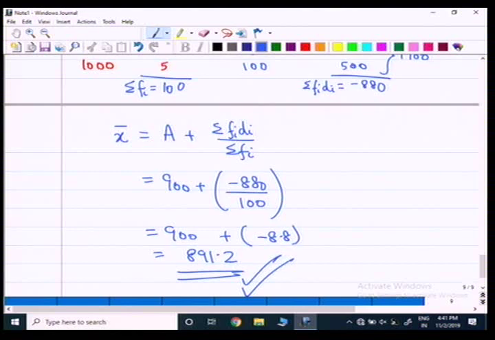So what was the mistake, Itanagar and Tamenglong, in the calculation? You got your mistake? Okay, fidi.